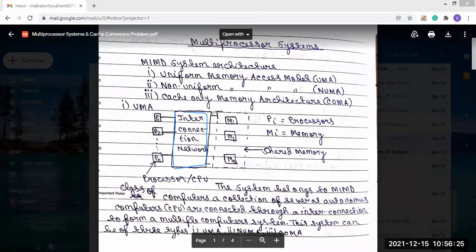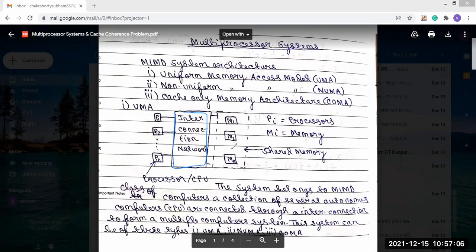This interconnection network is connected to the shared memory, and this shared memory is divided into memory modules from M1 to Mn.